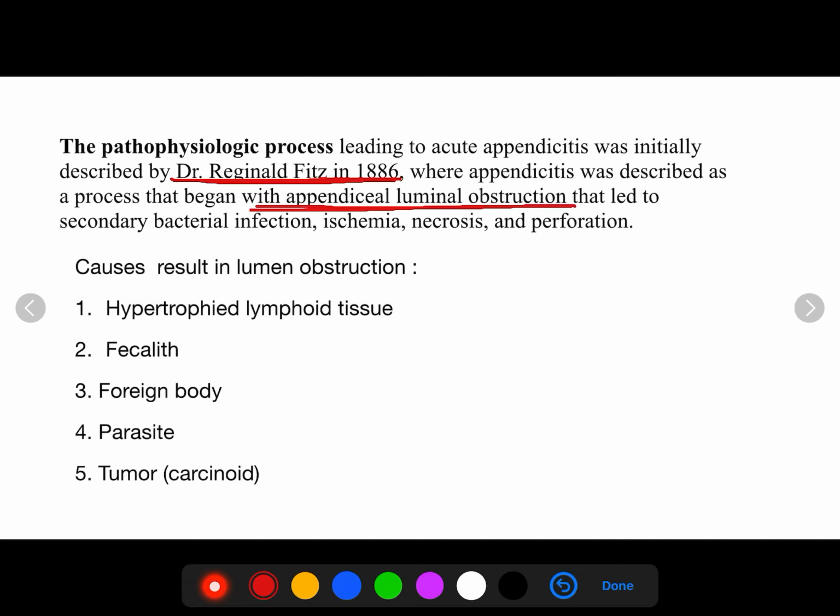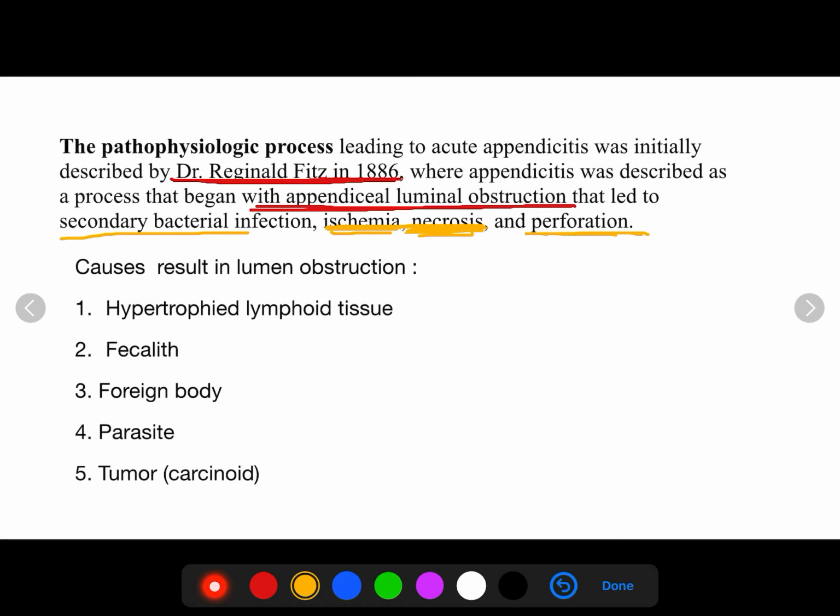After that يصير ischemia. After that necrosis and perforation. So this is the pathophysiology. يبدي obstruction and infection، وبسبب الinfection والobstruction يصير distension باللومن، فيصير ischemia، يقل blood supply، يؤدي إلى necrosis.